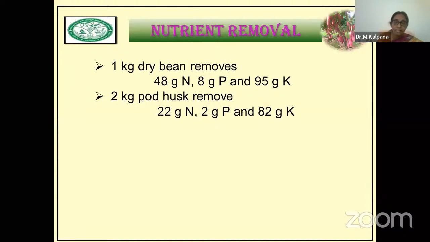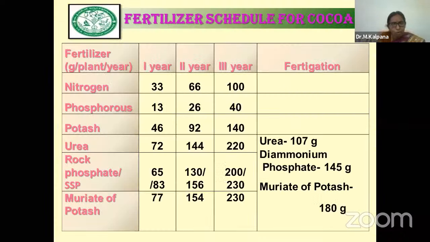One example is, if 1 kg of dry bean is produced from the crop, it will remove almost 48 grams of nitrogen, 8 grams of phosphorus, and 95 grams of potash from the soil. So we have to supply nutrients right from the first year of planting.